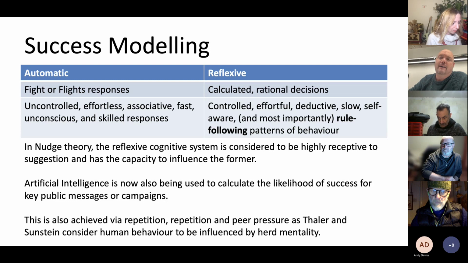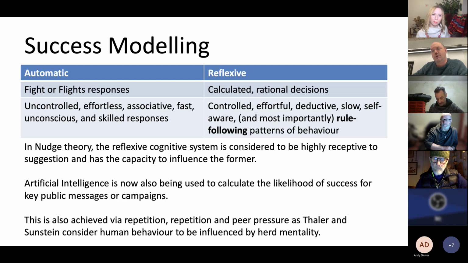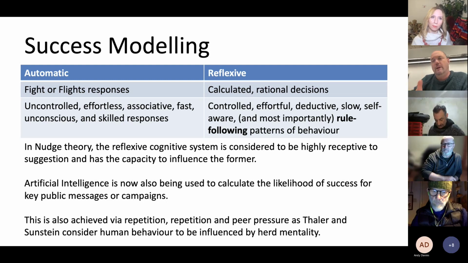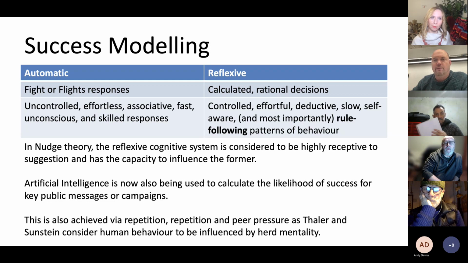They're controlled, effortful, deductive, slow, self-aware, but most importantly, rule-following patterns of behaviour. Now, the trick in nudge theory is to try and get these rule-following patterns of behaviour instinctively embedded into the automatic domain, so that you translate rule-following patterns into something which becomes immediate and instinctive.